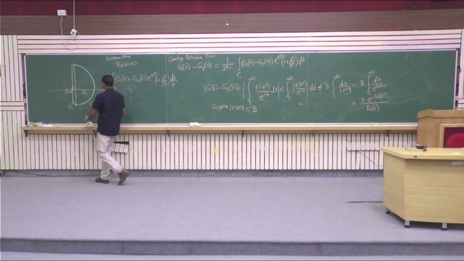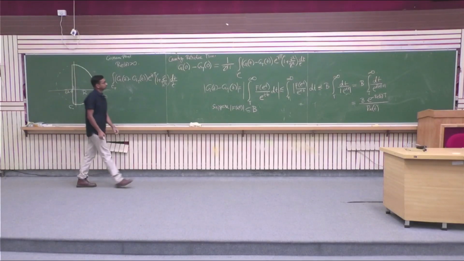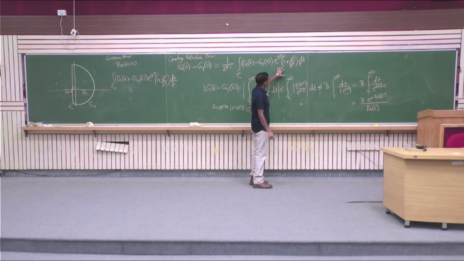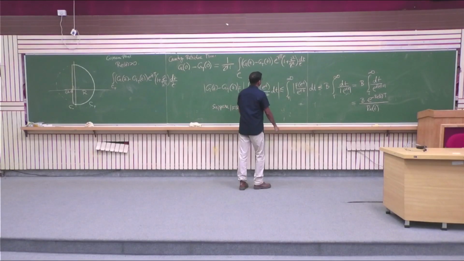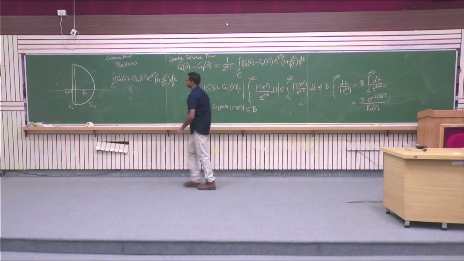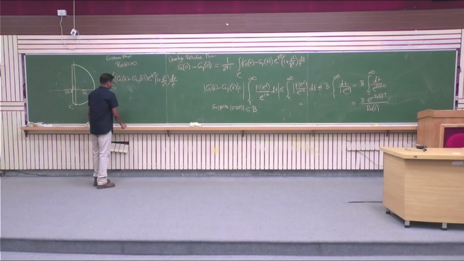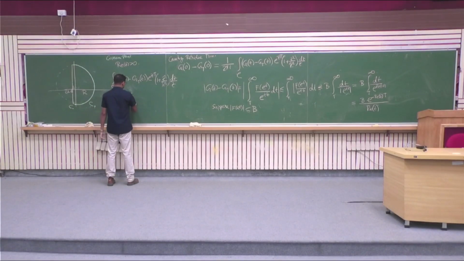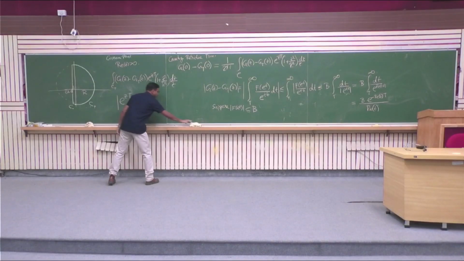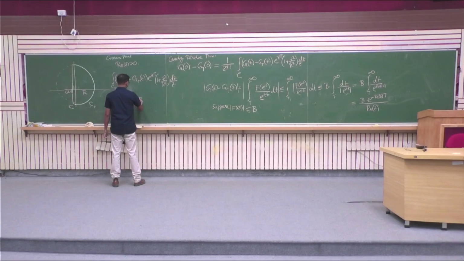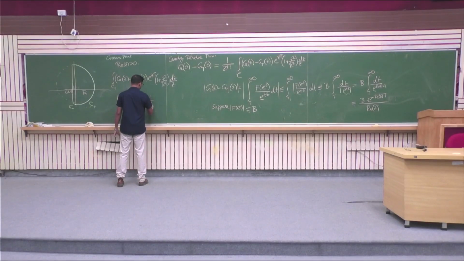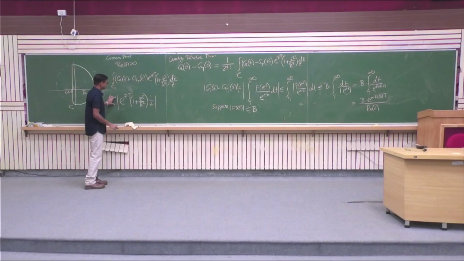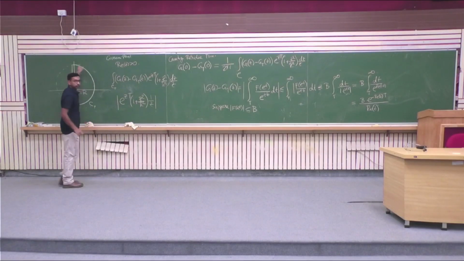Now we have not yet considered what happens after you multiply this, but that would be easy. If you take the absolute value of this on this part of the contour, what happens? Consider e to the power zt times 1 plus z squared by r squared, on this line, the green part.